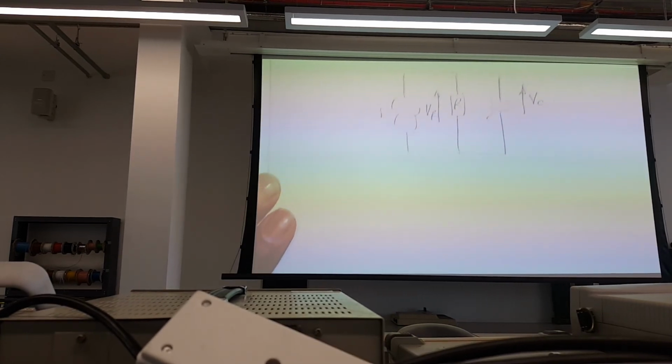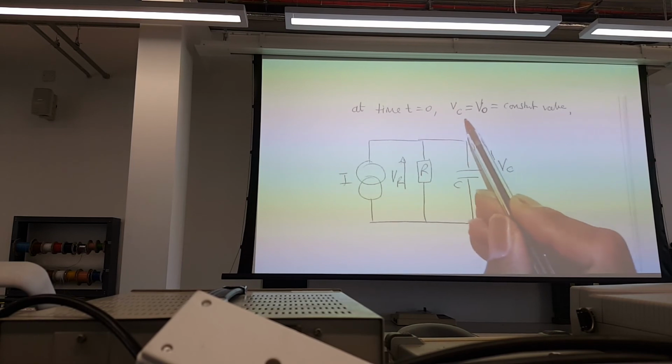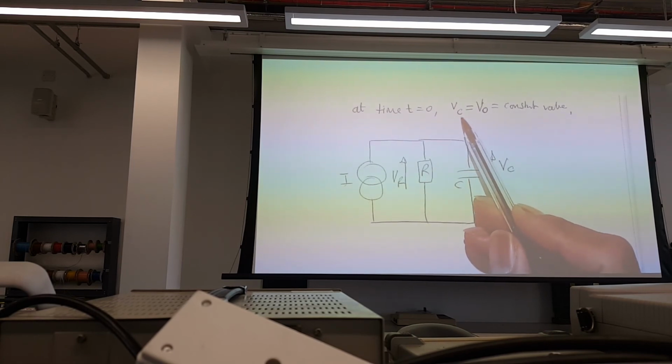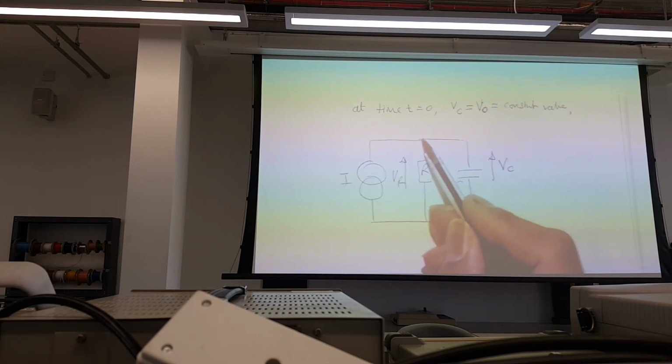Don't forget, that's the initial condition: at time t equals 0, Vc equals V0, a constant value. So you've got a voltage across that capacitor at time t equals 0 initially.